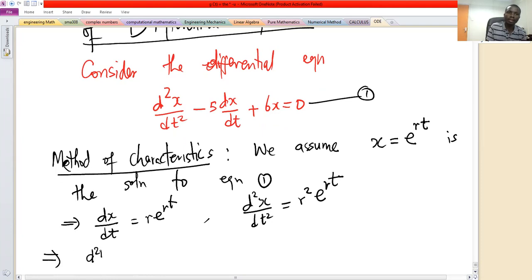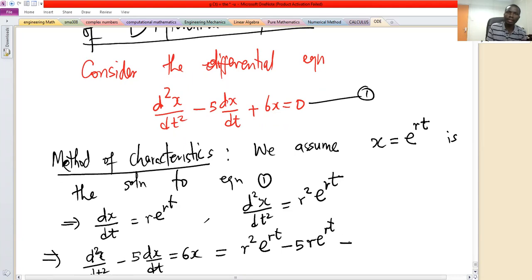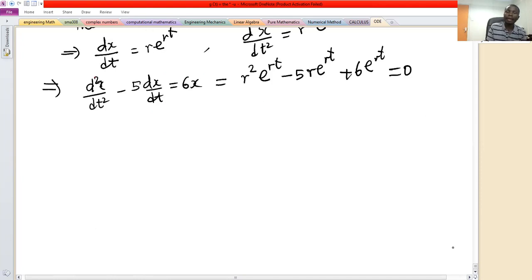And we have d squared x/dt squared minus 5 dx/dt plus 6x equals 0, which will be r squared e raised power rt minus 5, where there's dx/dt we put r e raised power rt, and then plus 6, where there's x we put e raised power rt, equals 0.